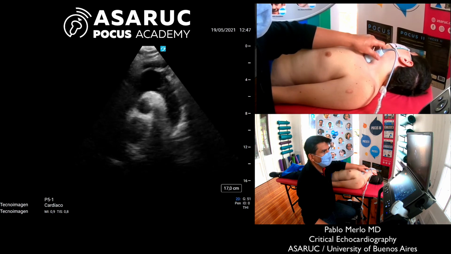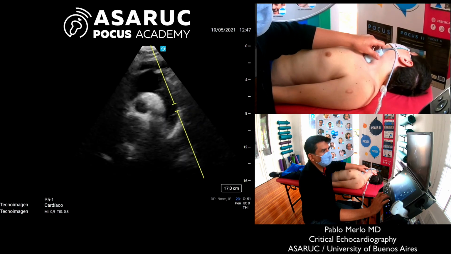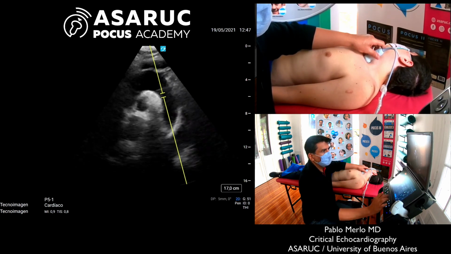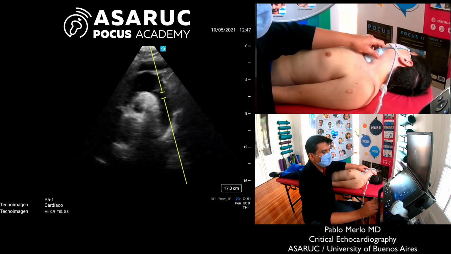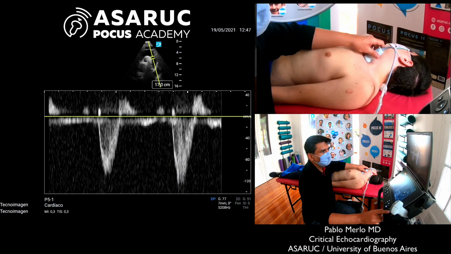The great vessels appear, and with pulse wave Doppler we can assess the flow velocity pattern at the aorta. Still proximal.